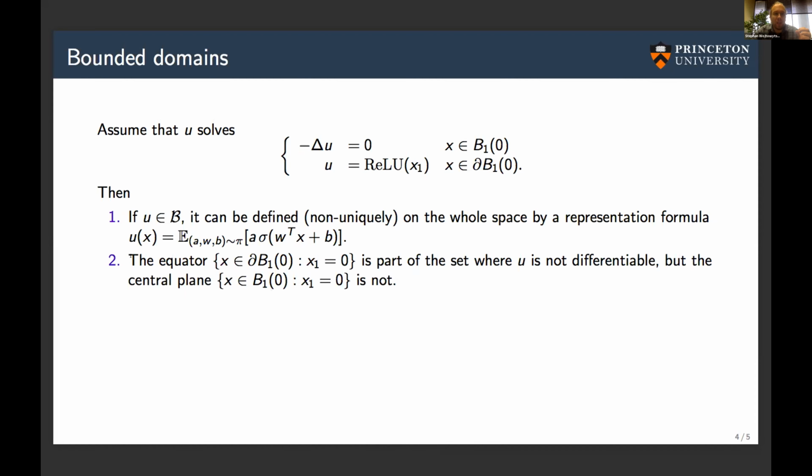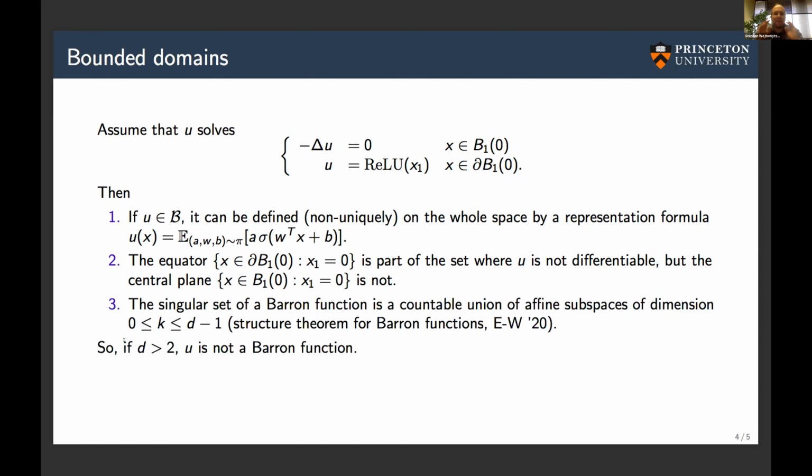Now we note that the equator in the sphere is part of the set where u is not differentiable, because the ridge function is not differentiable. And the central plane inside the ball is not part of the set where we are non-differentiable, because harmonic functions are smooth.